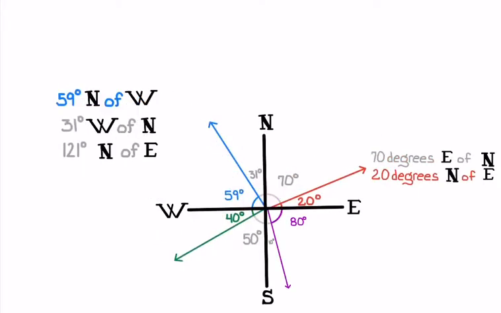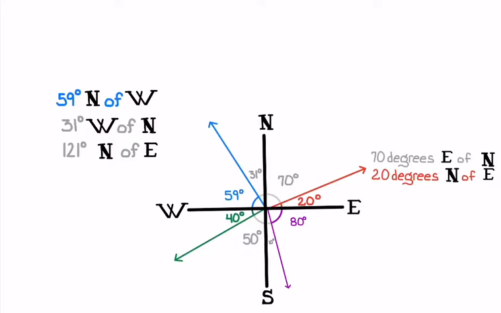A third way of describing the direction of an object traveling along the blue vector is 121 degrees north of east. Picture a vector drawn due east and then rotating that vector towards the north counterclockwise 121 degrees. We would be at the blue vector, hence 121 degrees north of east.